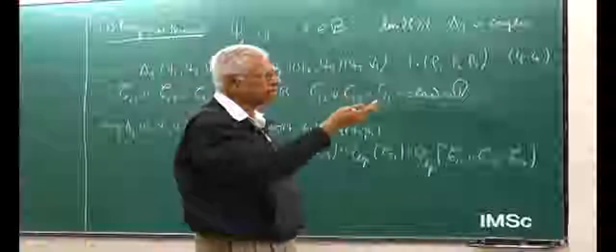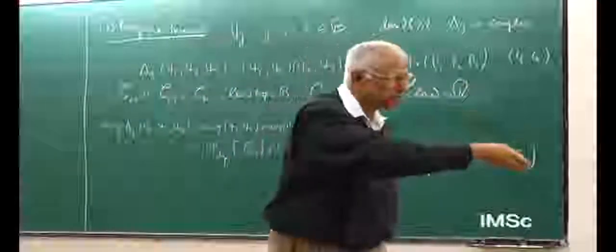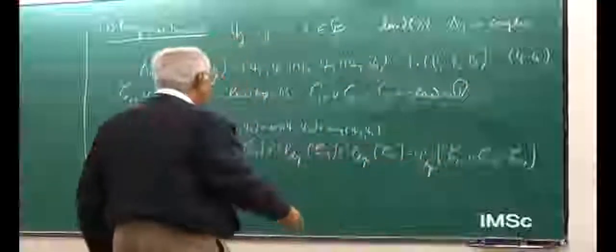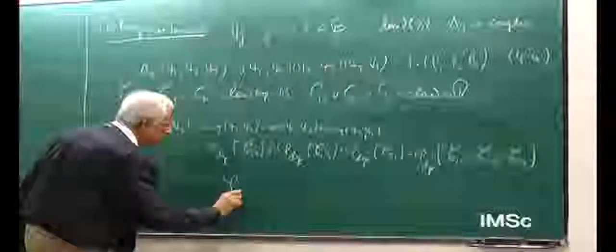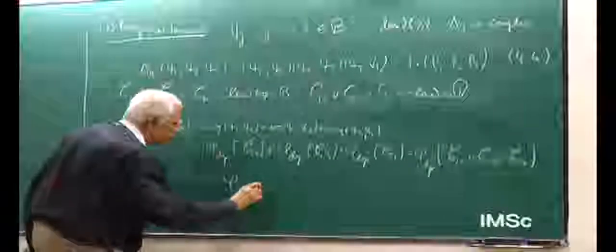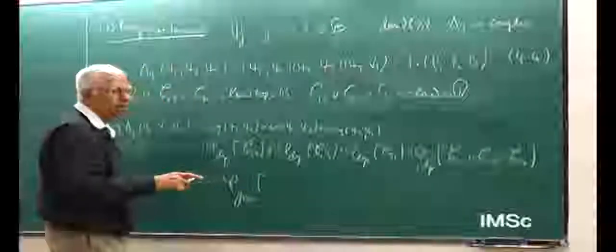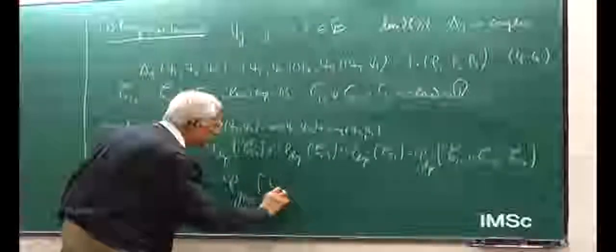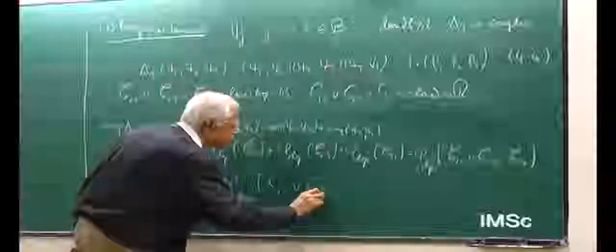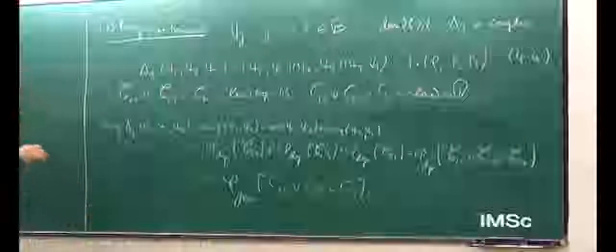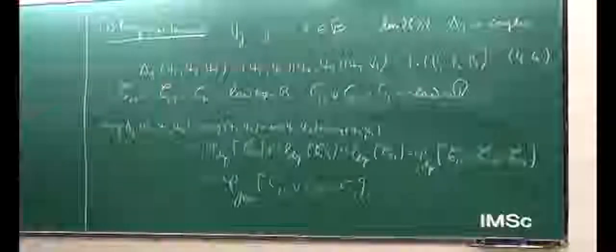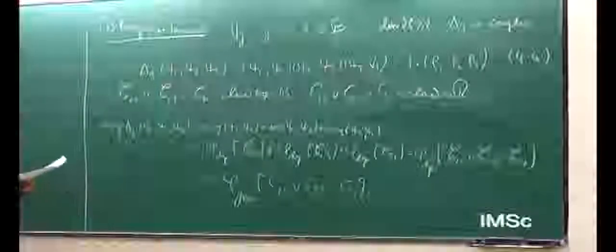If you think of psi 1 as a starting point, the end point is also psi 1. It's the same vector. So total phase is 0. So you see immediately this is the negative of the geometric phase for the closed loop, or cyclic evolution, defined by the 3 geodesics in the ray space.